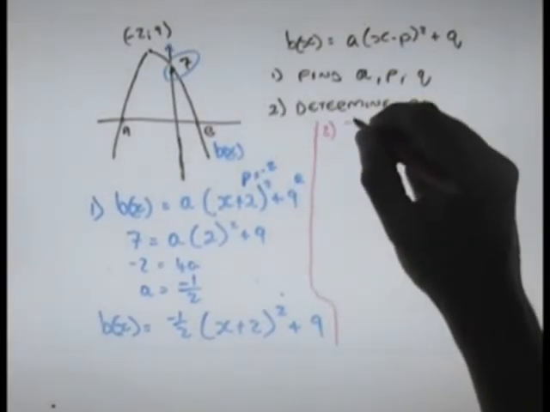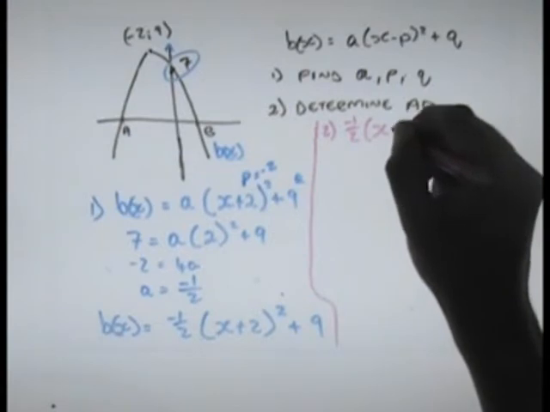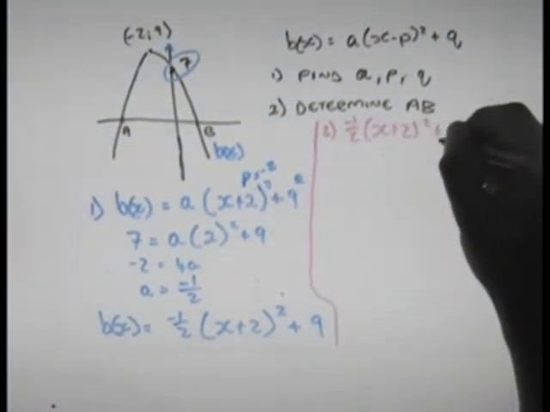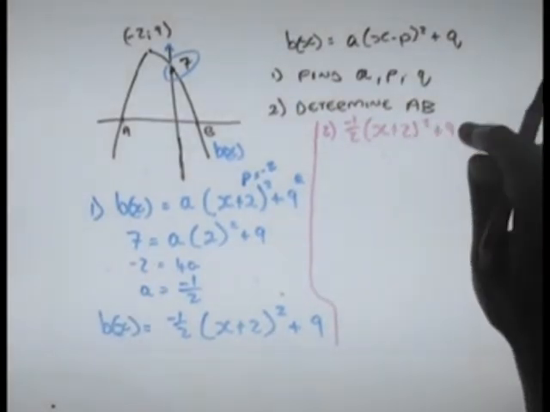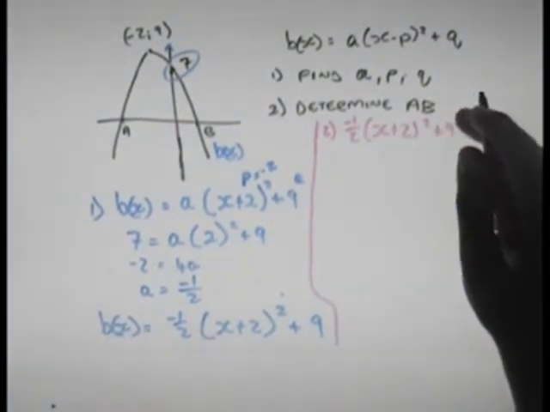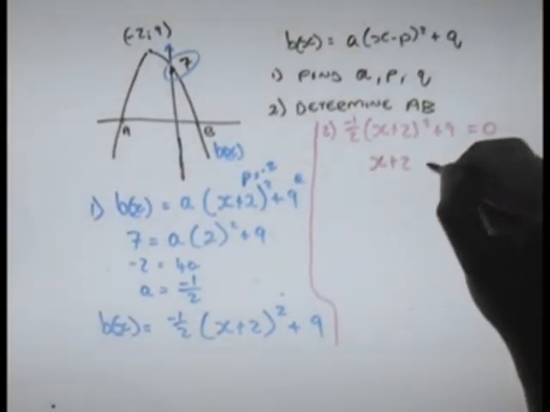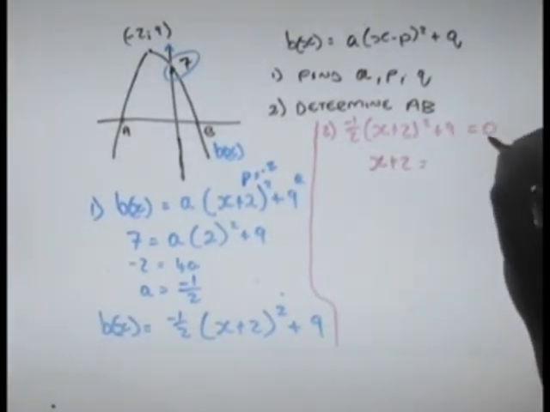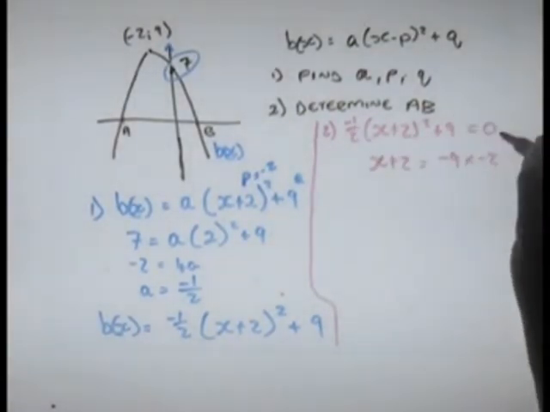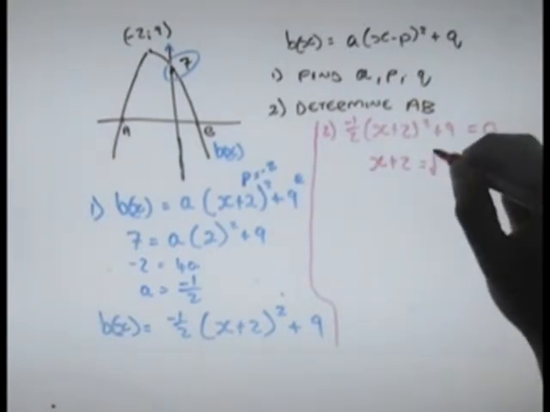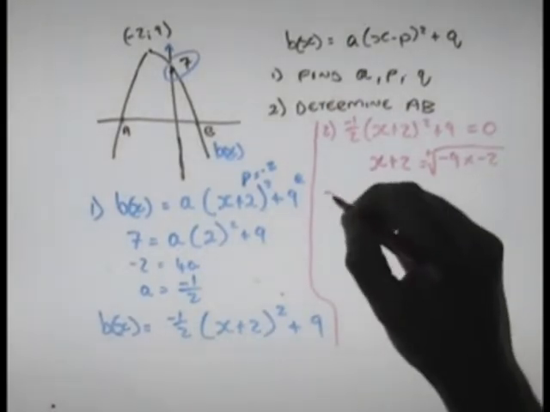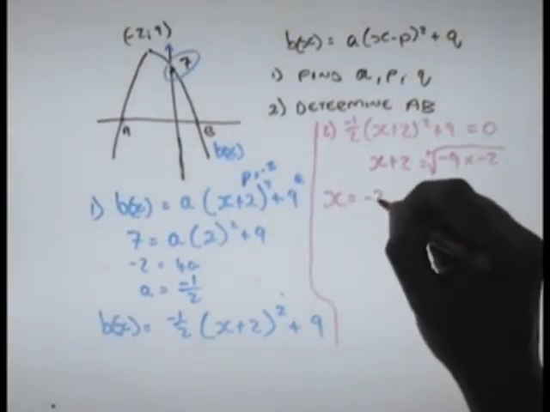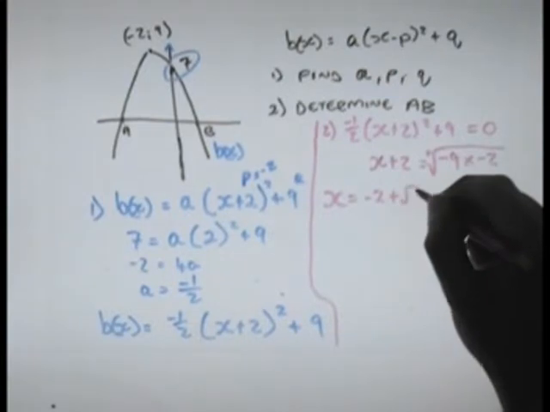That means that negative 1 over 2 (x plus 2) squared plus 9 is equal to 0 at A and B. That means that x plus 2 is equal to the square root of negative 9 multiplied by negative 2, plus or minus. That means that x is equal to negative 2 plus root 18.